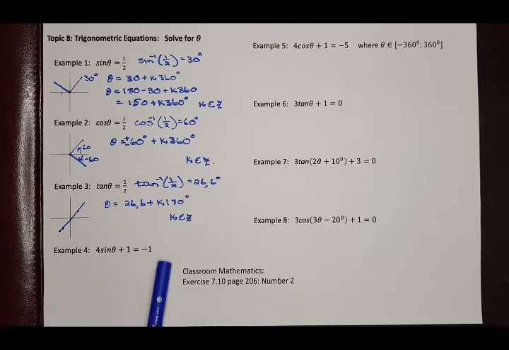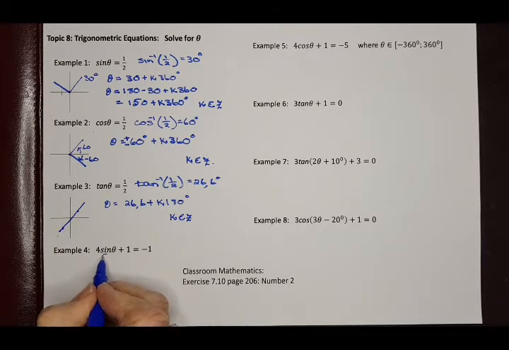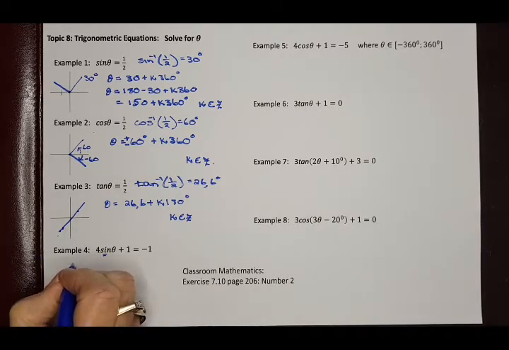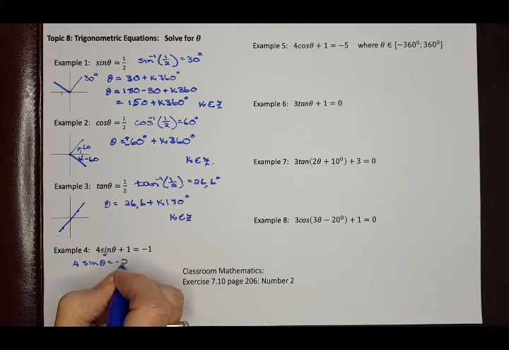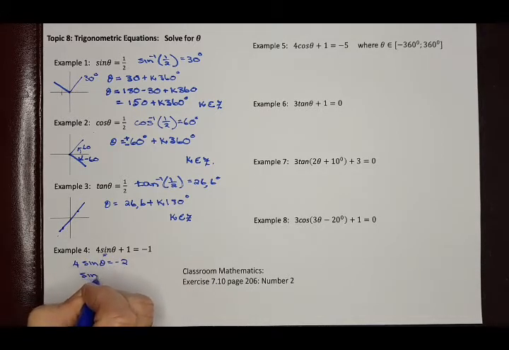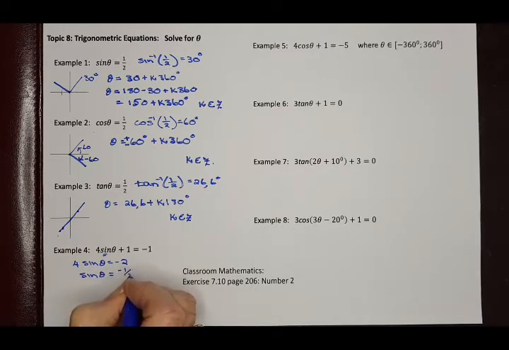All right, so when we get an equation like that, we have 4 sine theta plus 1 is equal to minus 1. The first thing you're going to have to do is to isolate the trig ratio. So we're going to write this equation as 4 sine theta is equal to minus 2. So sine theta, minus 2 over 4, is going to be minus a half.